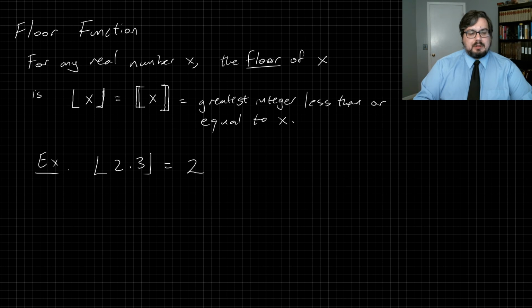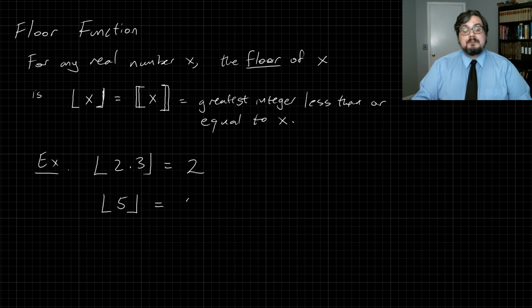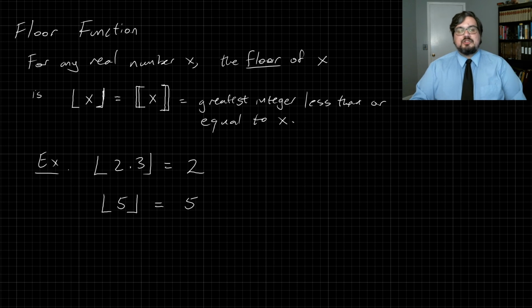I will look at the floor of 5. Now the floor of 5 is just 5. The floor applied to an integer just gives that back itself because 5 is in fact the greatest integer that's less than or equal to 5.